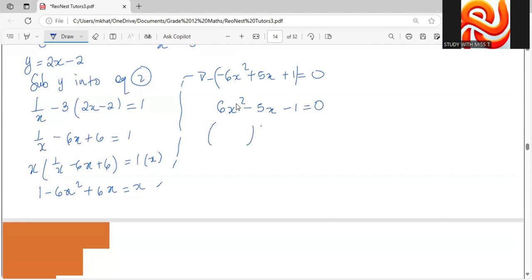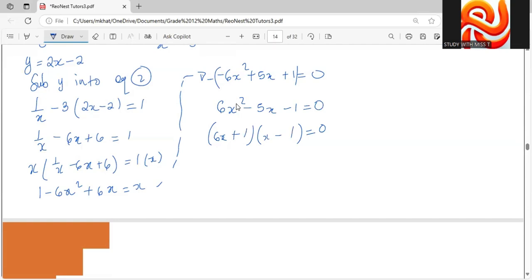So with this one, you can use the quadratic formula or factorizing. I'm going to have a 6x here and an x. Then I'm going to check what signs I'm going to use to get a negative 5x and a negative 1. So in this case, I'm going to use a positive and a negative. Then I ask myself, what are the two numbers that multiply to get 1? It's actually 1, right?